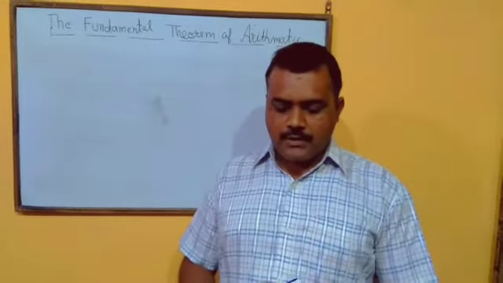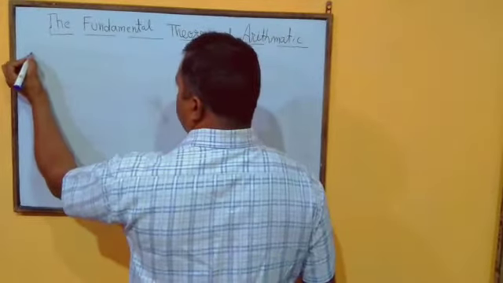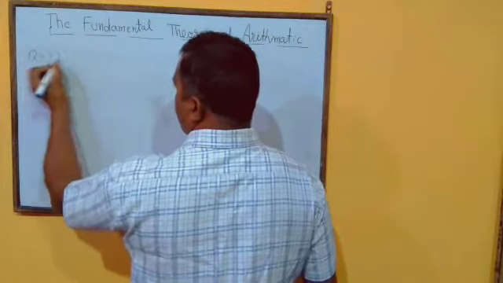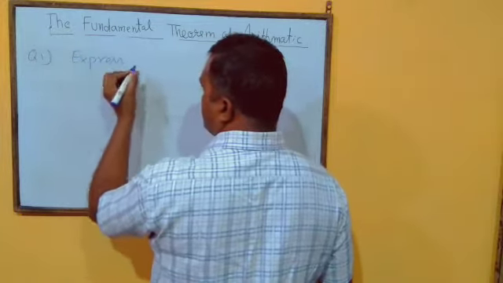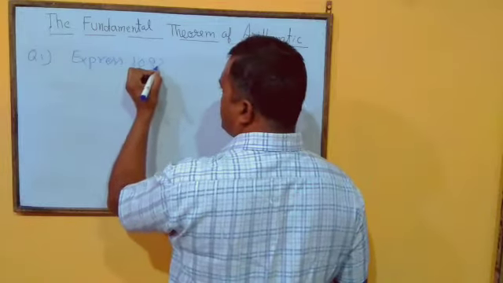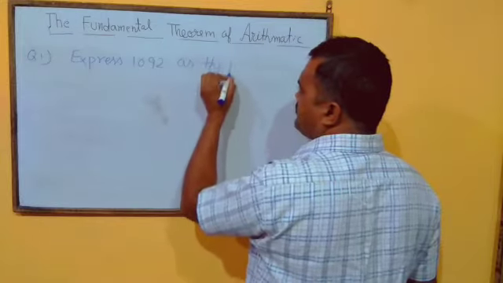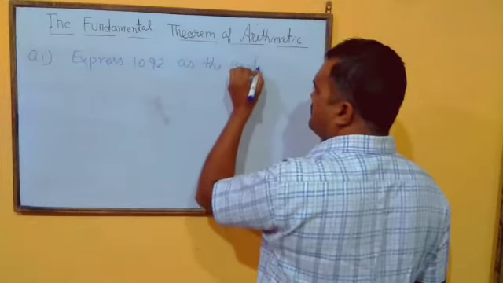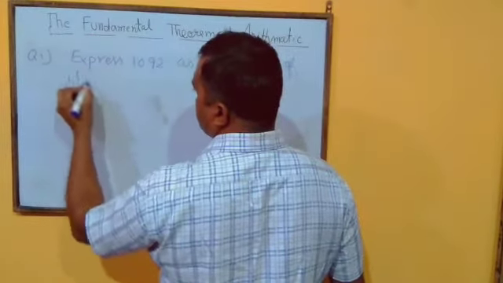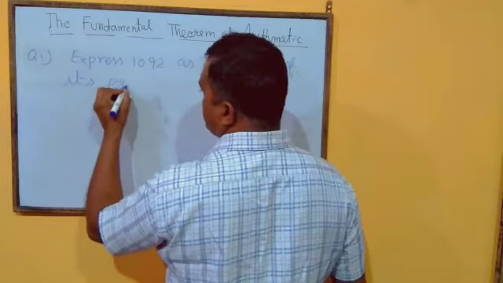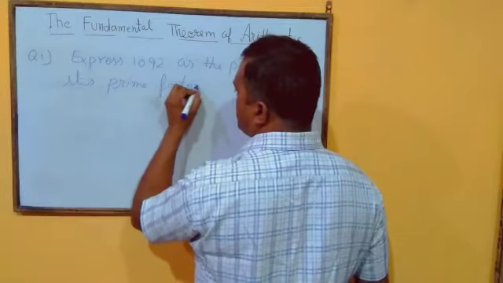The question is: express 1092 as the product of its prime factors.